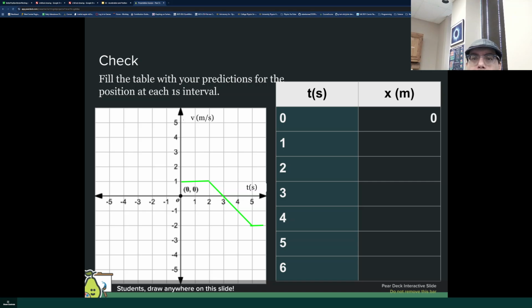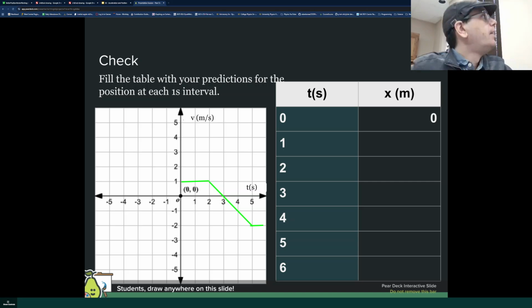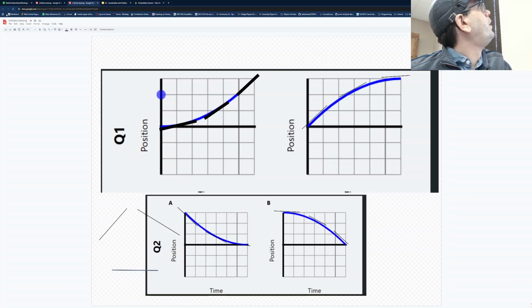Okay, so let's talk about a couple of them together. Let's see. I'm going to again grab this, make a new Google drawing.